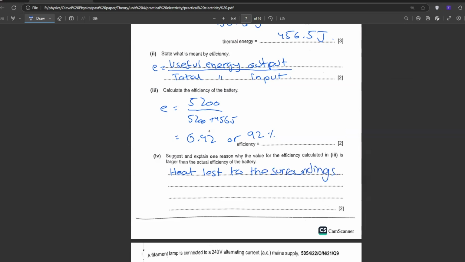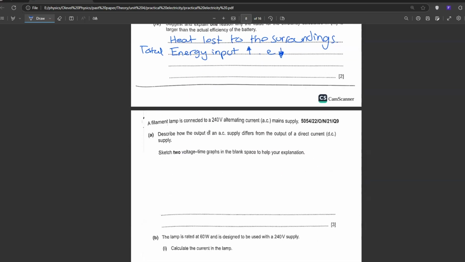And if heat is lost to the surrounding, what will happen? Your total energy input increases. Total heat loss to the surrounding is not considered here. If we consider that the total energy input increases, hence your efficiency decreases. Simple as that. Let's further move ahead.